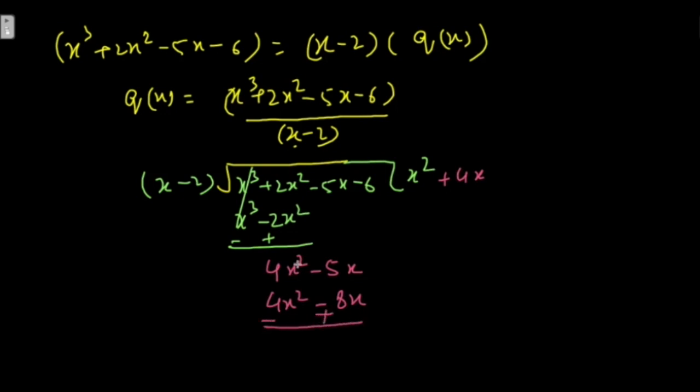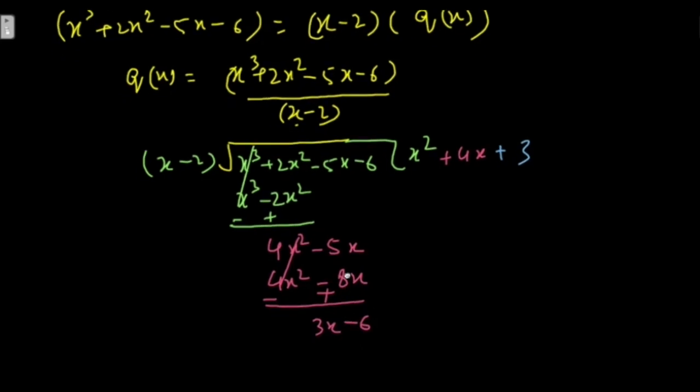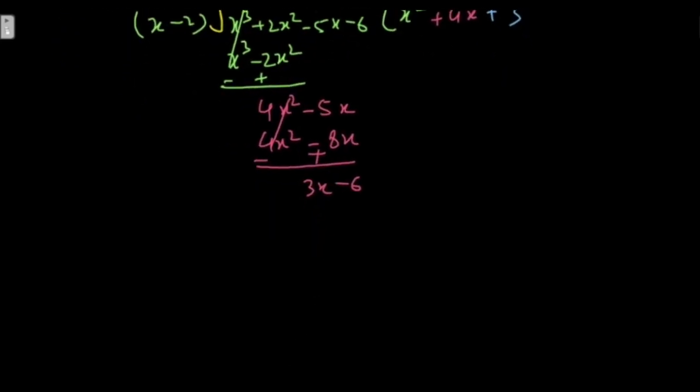Now this 4x square cancels 4x square, giving us 8x minus 5x, that is 3x minus 6. And when we multiply it with 3, what we get is 3x minus 6, and this whole gets cancelled with 3x minus 6, gives us the remainder of 0.